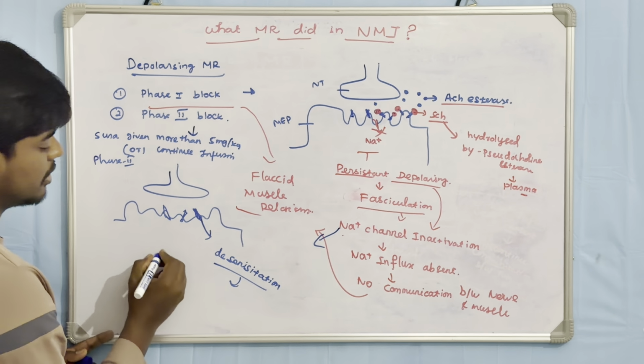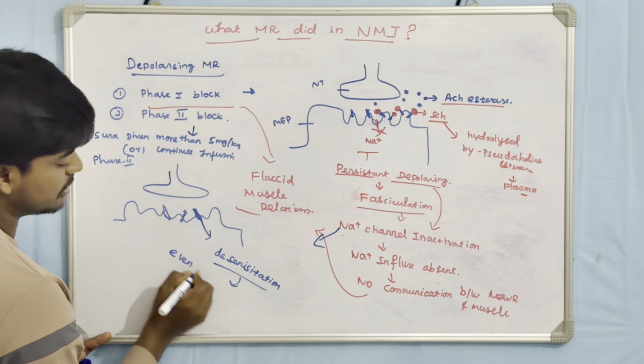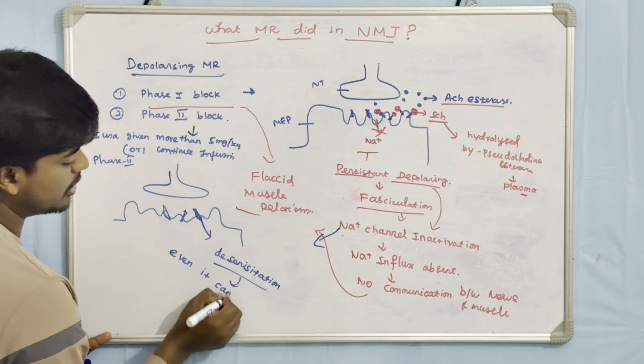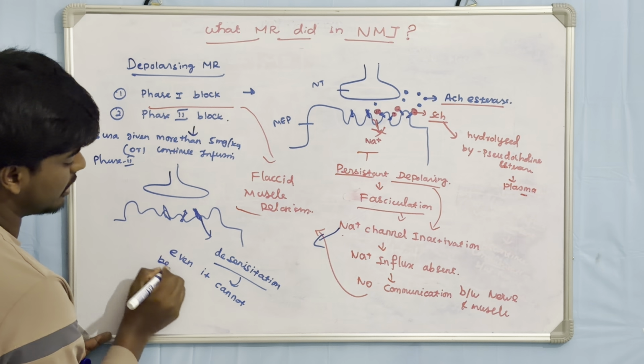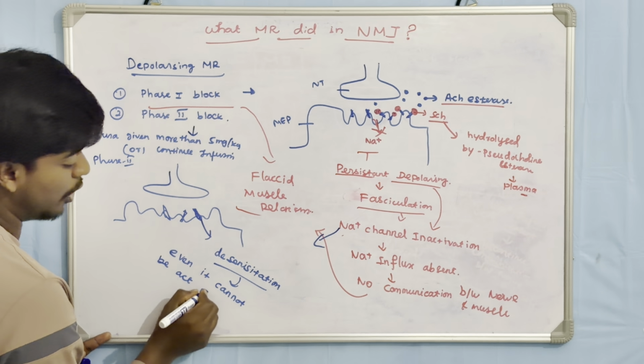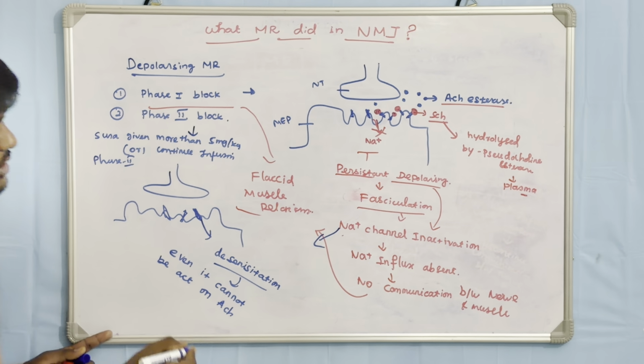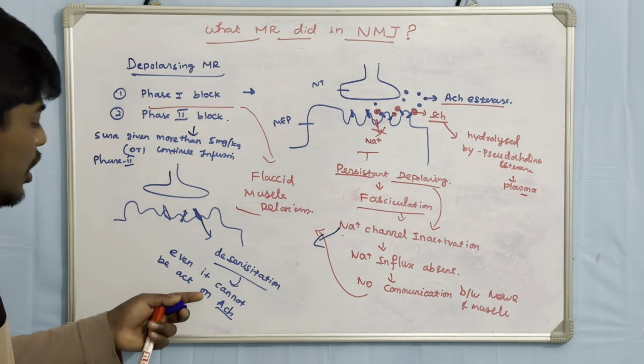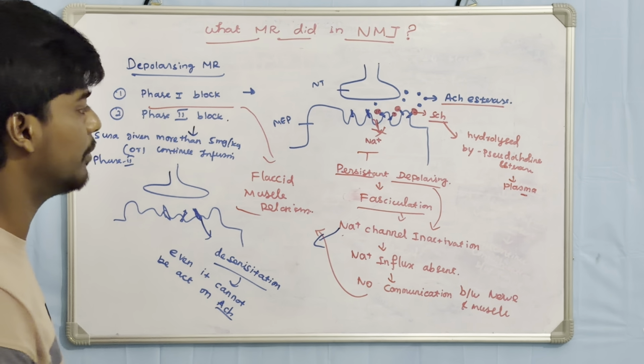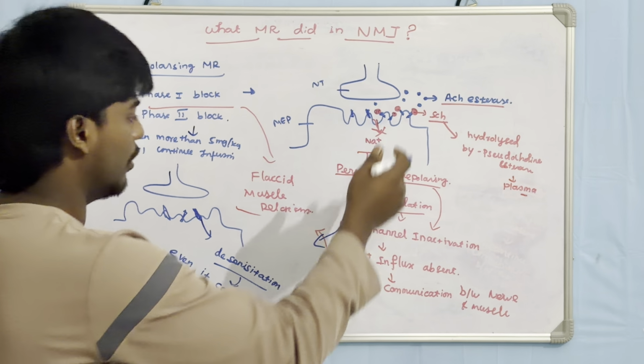Desensitization means it cannot act, even on acetylcholine. So the normal physiology also doesn't happen in this phase two block.